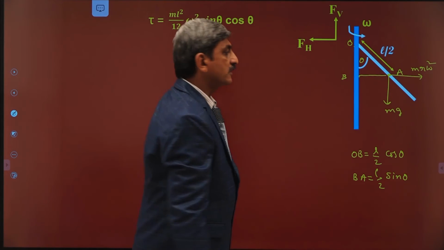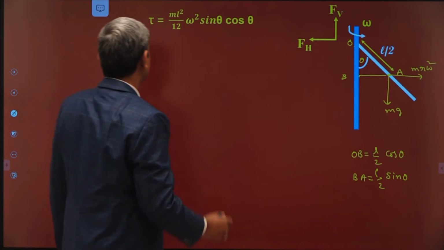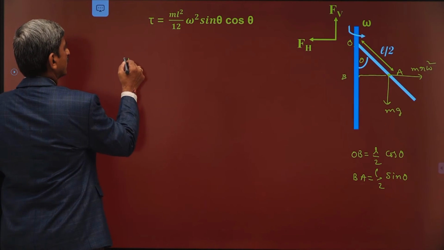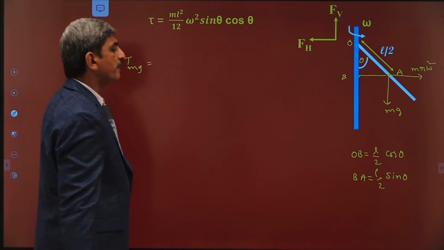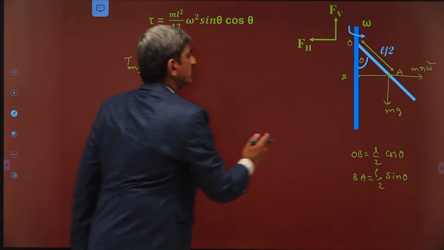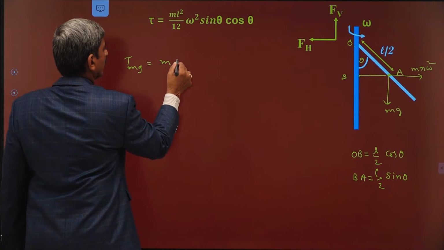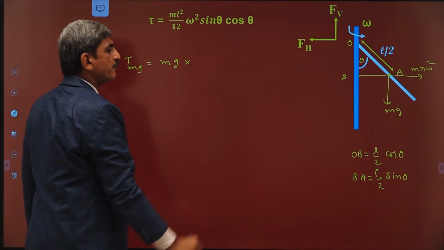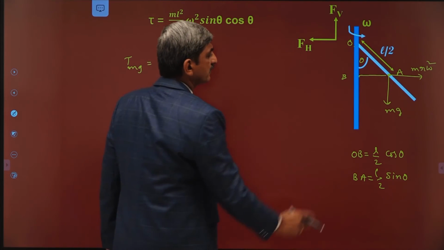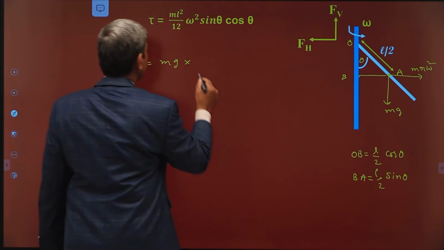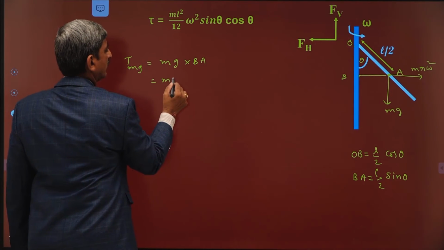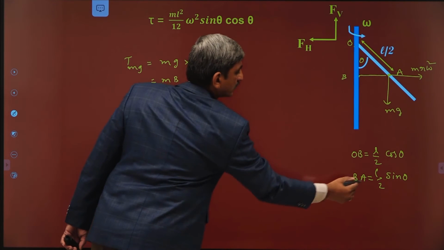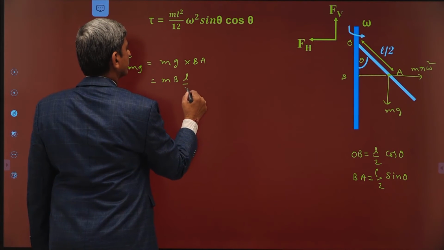Now first calculate the torque due to the vertical force, that is the torque due to the weight of the body, which is given by force into perpendicular distance. What is the force value? mg, into what is the perpendicular distance of that force from the shaft? The perpendicular distance is equal to BA, so that is equal to mg times BA, which is L by 2 sin theta.